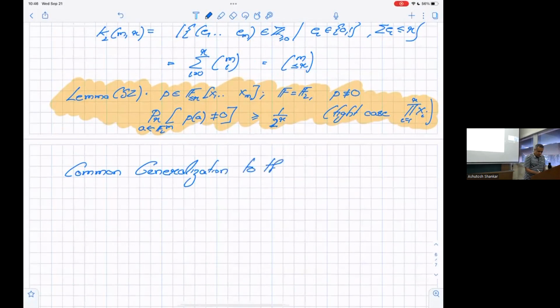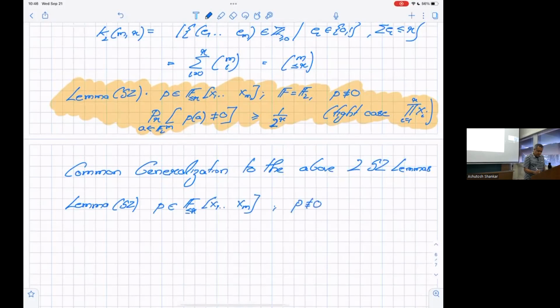It's about the two Schwartz-Zippel lemmas. Once again, P is a polynomial in x1 to xn, P is not 0.